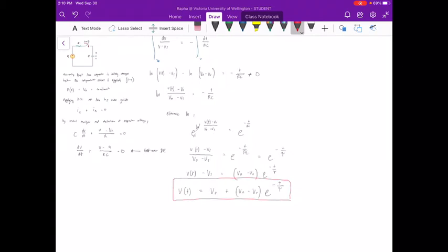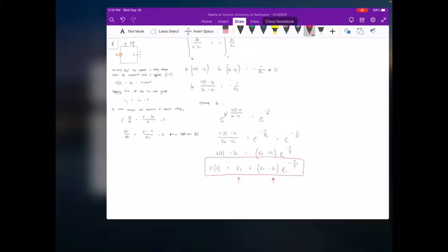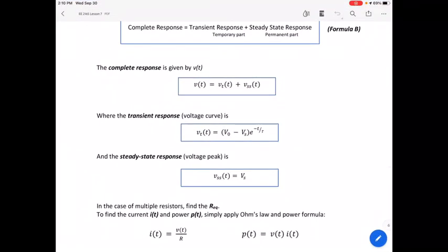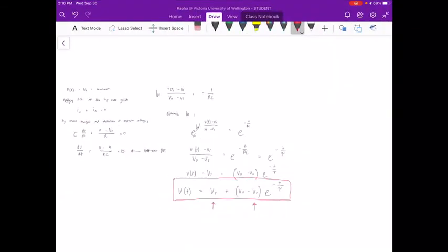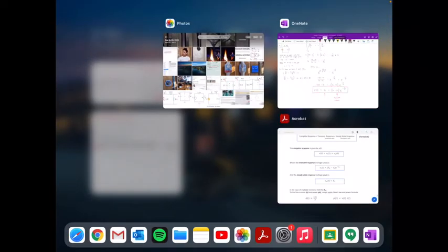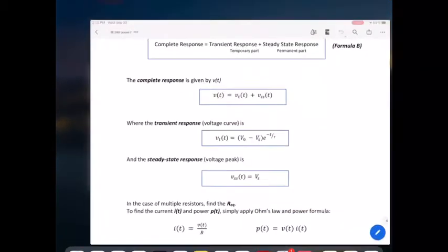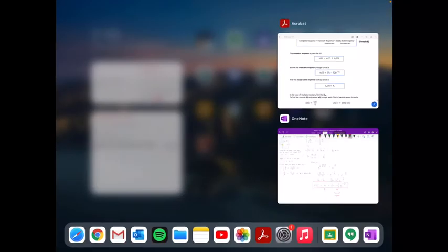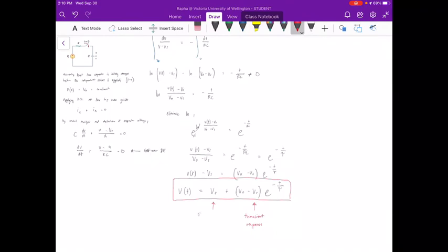We have two parts in this formula. This part over here is the transient response, and this part over here is our steady state response.